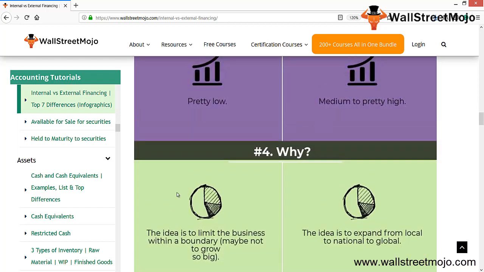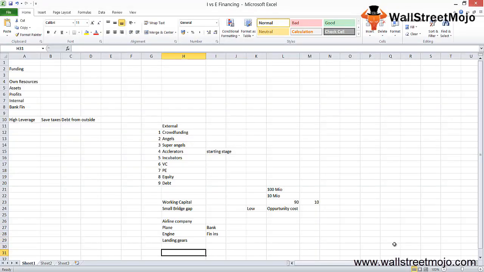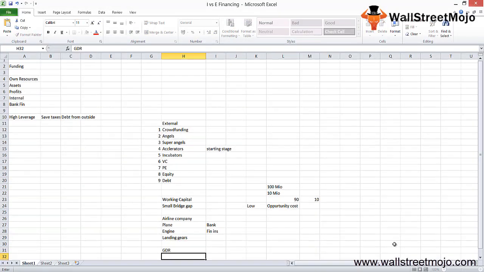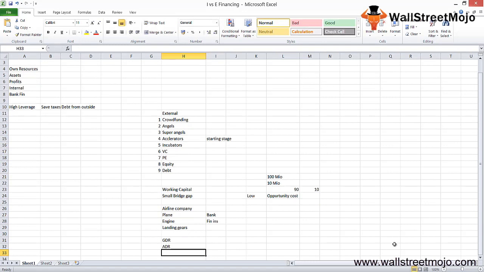Now, why? The idea is to limit the business within the boundary. Maybe not to grow so big, or maybe they really don't want to bear the cost, or they really don't want to give their equity. And over here, the idea is to expand from the local to national to global. Sometimes they buy GDRs or ADRs, which is your American Depository Receipts, GDRs, that is Global Depository Receipts.